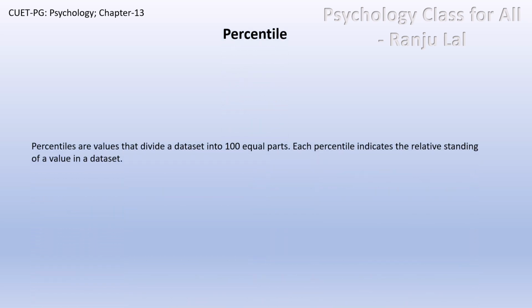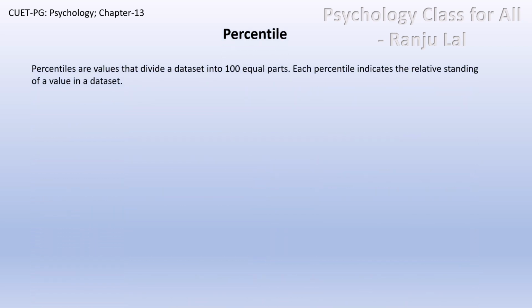A percentile tells you the score below which a certain percentage of the scores in a distribution fall. Percentiles, also called centiles by some writers, are values that divide a data set into 100 equal parts.